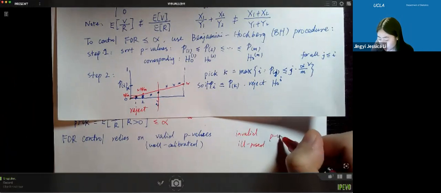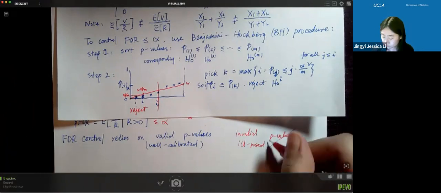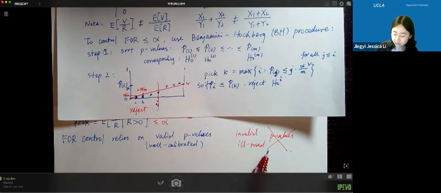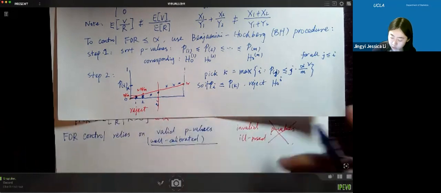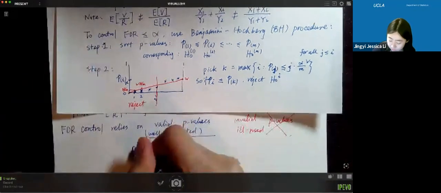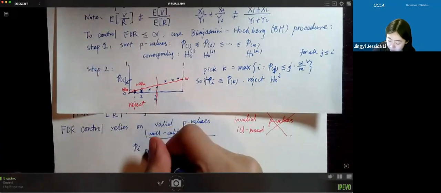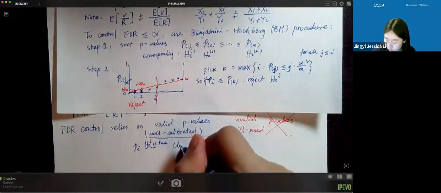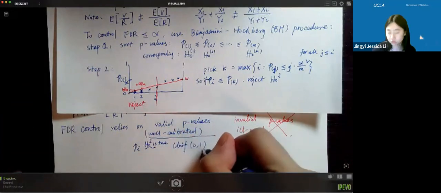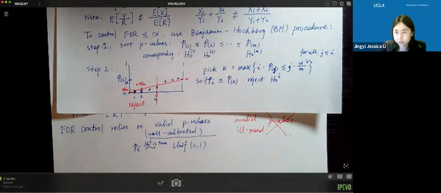These p-values are bad. If you use those, then the FDR control will fail. What we mean by a valid p-value is that for the pi's, if H0i is true, pi should be drawn uniformly from 0 to 1. That's the requirement of a p-value.